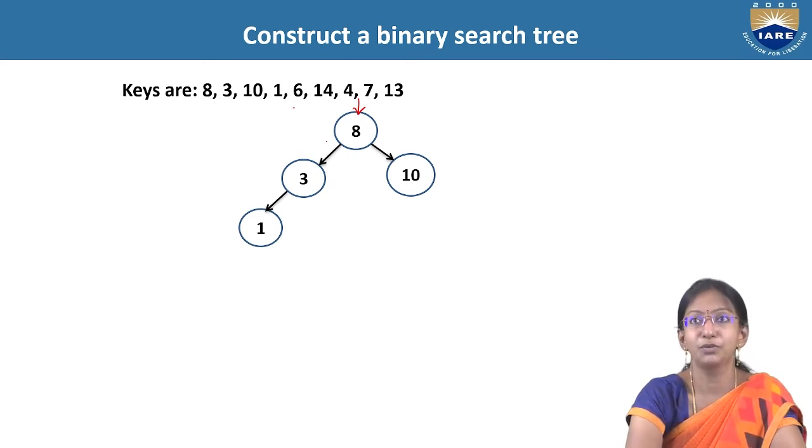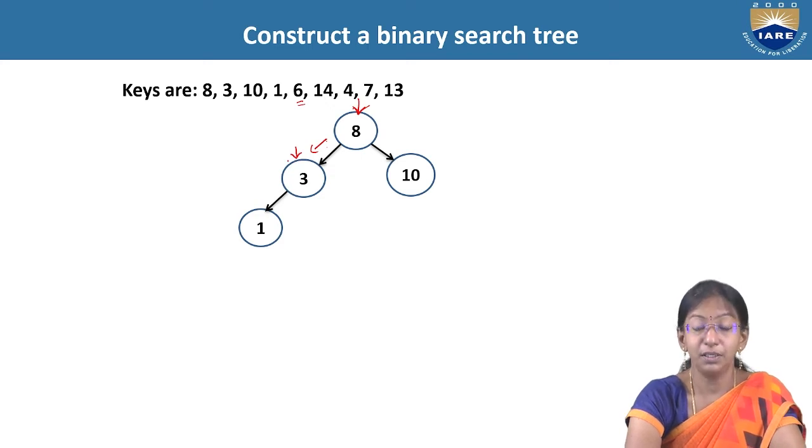Okay. Come back to our question. The next element to be considered is 6. Let's start the process. Start with the root 8. Compare 8 with the element which you want to insert. 8 is greater, so move towards left. The left space is not empty. You have 3. Compare it with 3.